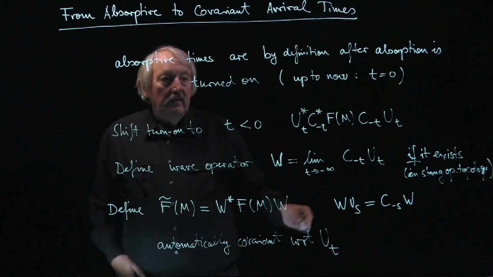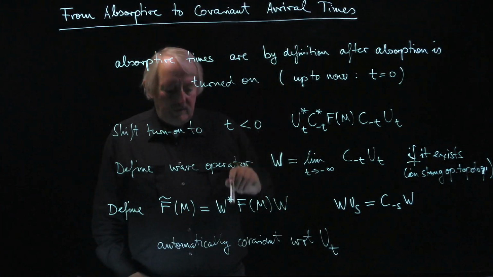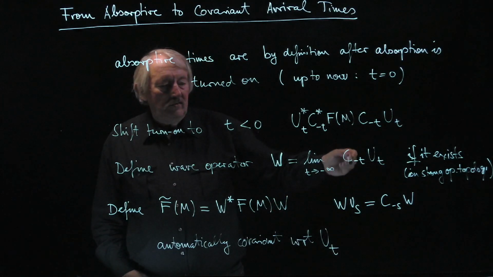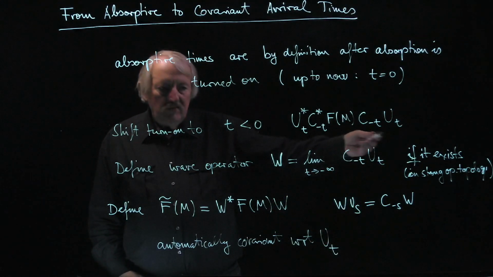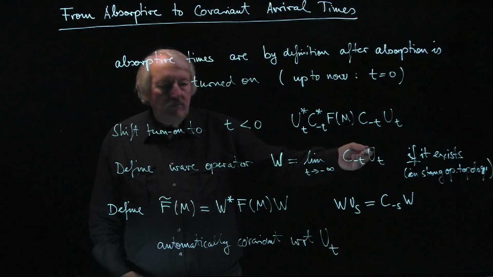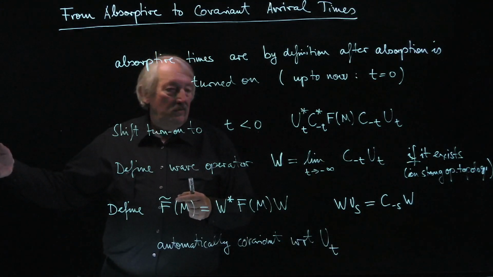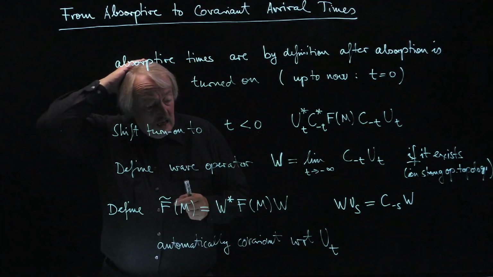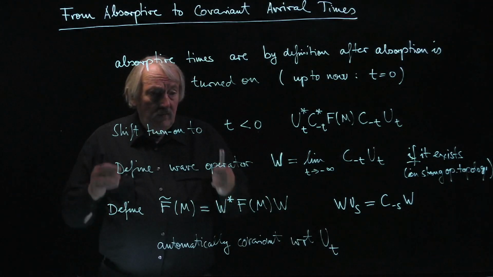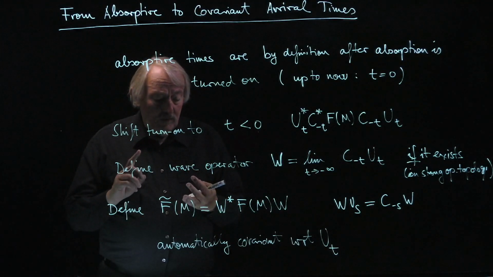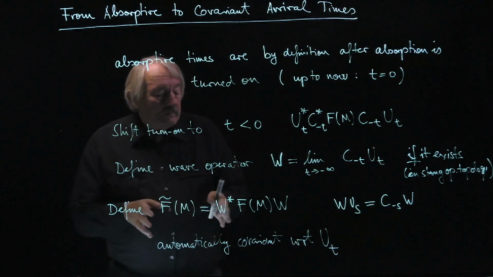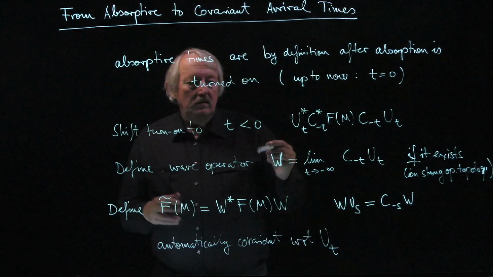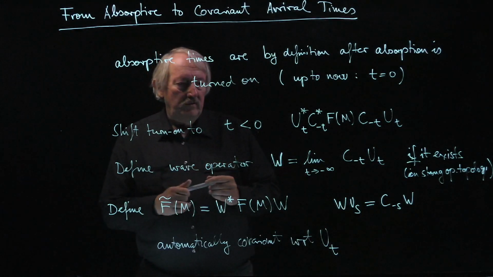And so the condition that the covariant arrival times need an absolutely continuous spectrum is actually implicit in the existence of this limit. For the oscillator, it just wouldn't exist, right? So you can't make this kind of turn-on as early as you wish. It doesn't make sense. So when it makes sense, that is actually the case of an absolutely continuous spectrum. Then you do get the covariant arrival time out of an absorptive one.